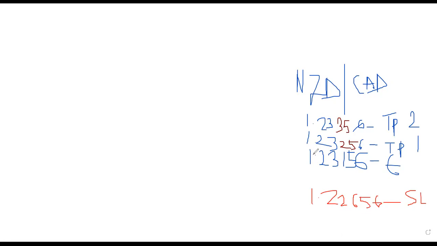If I don't do that tomorrow, I promise I'll do it in the advanced class. You go to NZD/CAD, click on pending order, choose buy stop, and enter 1.23156, that's your entry point. You put the first take profit, usually on the right, 1.23256, and the stop loss is 1.22656.